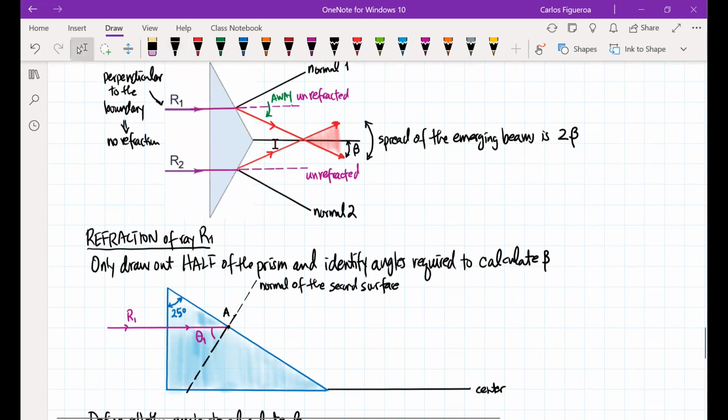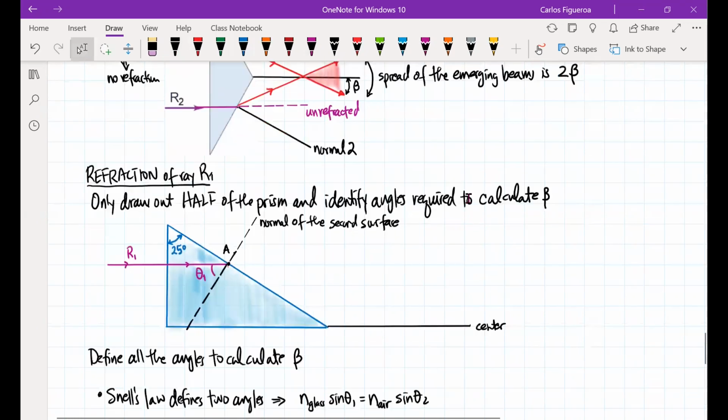So now you could see ray 1 now refracts. As it refracts, it's going to be doing something like this. Let's say that it crosses right here. So now this angle is beta, and therefore that angle right there is beta.